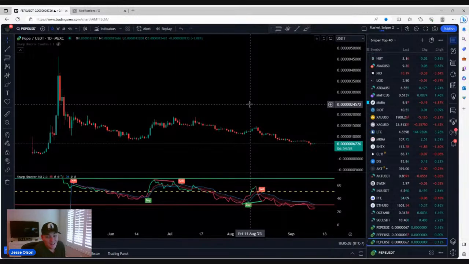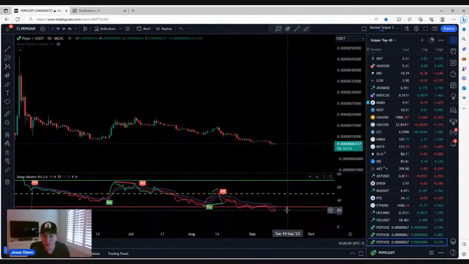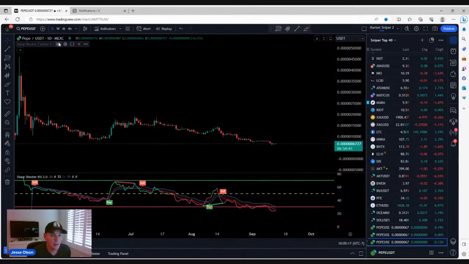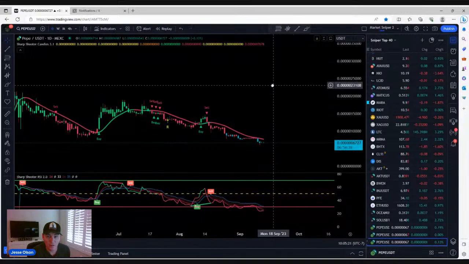So there's not much really to tell. You can see on RSI it's ultra bearish on the daily chart, and I'm not seeing a reversal on the buy signal there. It's a downward trend on the daily chart.